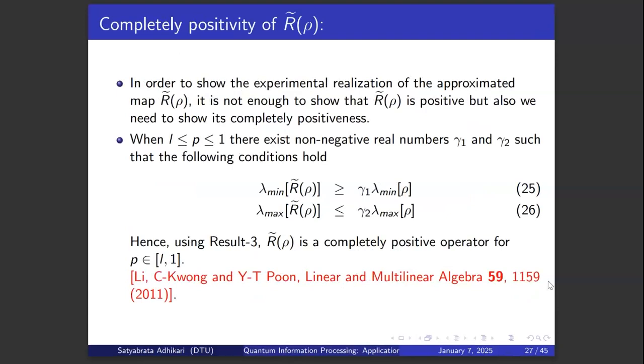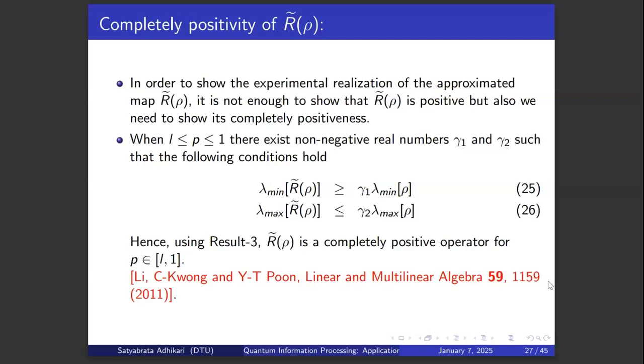So now to show the experimental realization of the approximated map R tilde rho, it is not enough to show that R tilde rho is positive, but we also have to show that it is completely positive. So to show that it is completely positive, we have used a result by C. Kong and Y.T. Poon, which appeared in Linear and Multilinear Algebra in 2011.